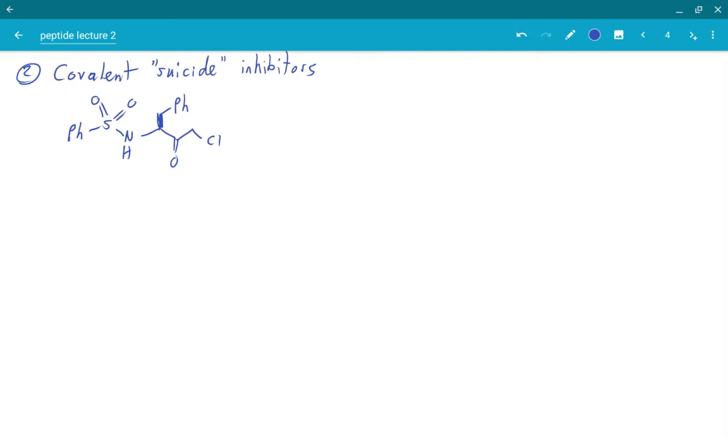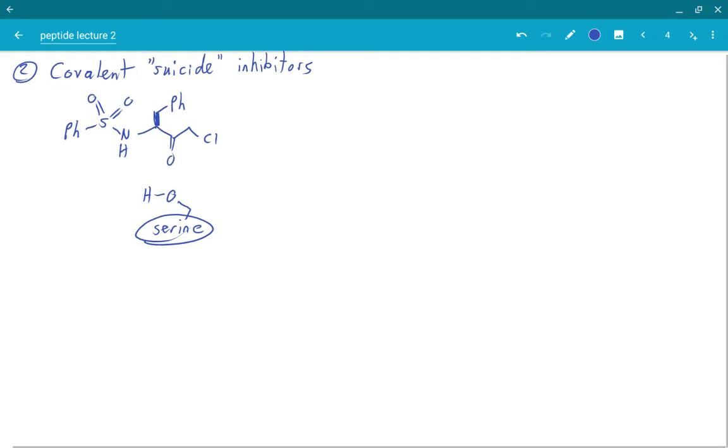And so you might imagine that this thing could get stuck in the pocket next to my key serine residue that wants to be a nucleophile. And then there's a base, it's a histidine over here. And it's held in close proximity to the carbonyl, but it's also close in proximity to this alkyl chloride. And so the hope here is that in the pocket, this will deprotonate, and instead of adding to the carbonyl, it'll do an SN2.